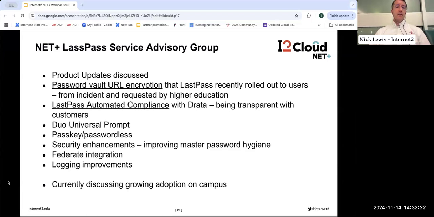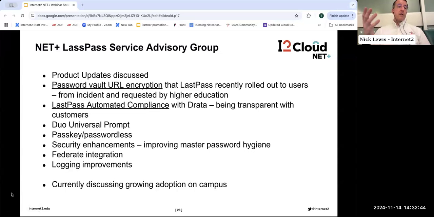We've talked on the advisory board about, I mentioned the Duo universal prompt for Duo, but it's also come up around the LastPass program, because LastPass has an integration with Duo that needed to be updated to support the Duo universal prompt. And so with the Net Plus program, we will work with other programs on areas where there are integrations.